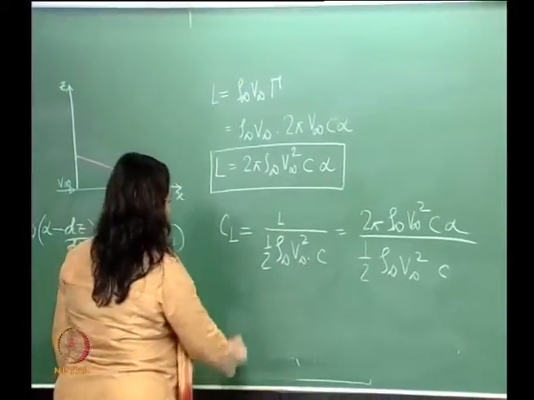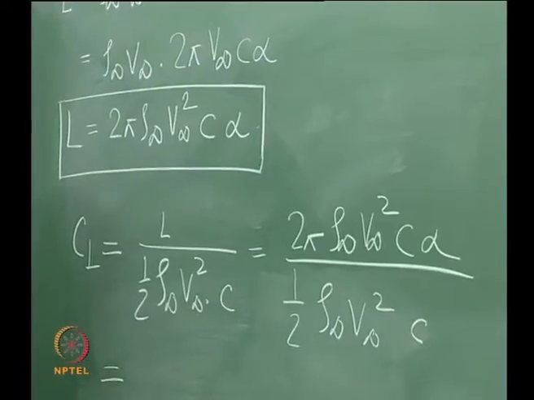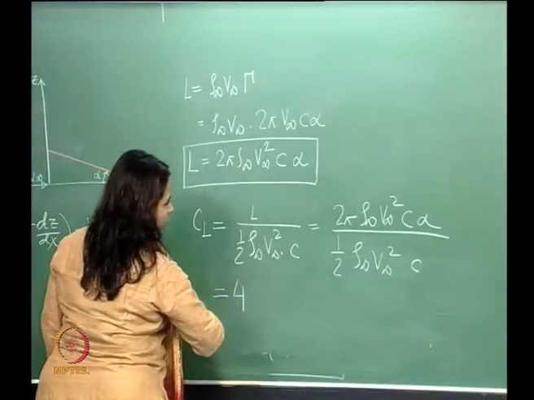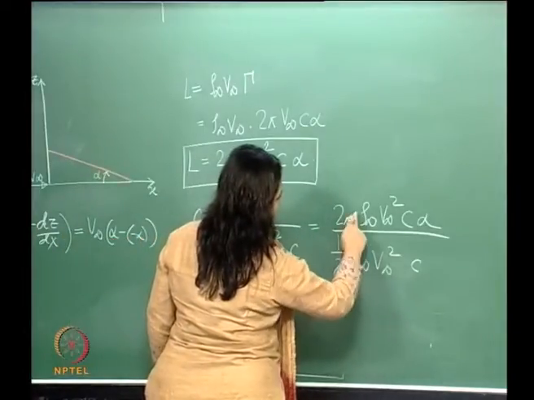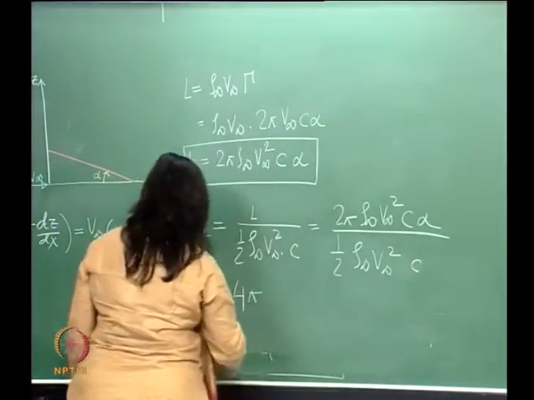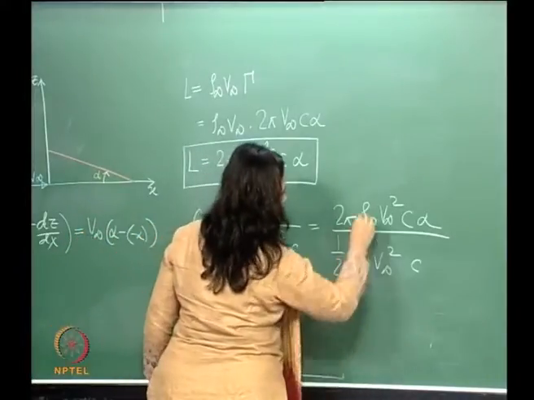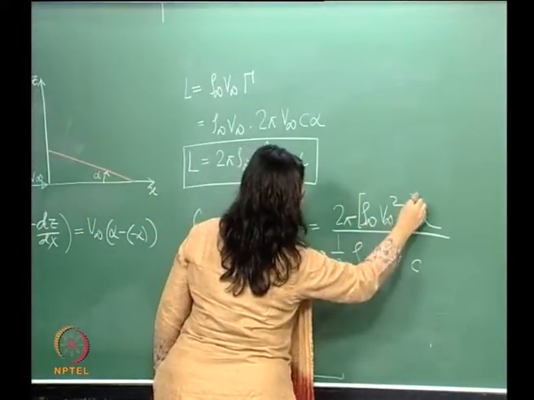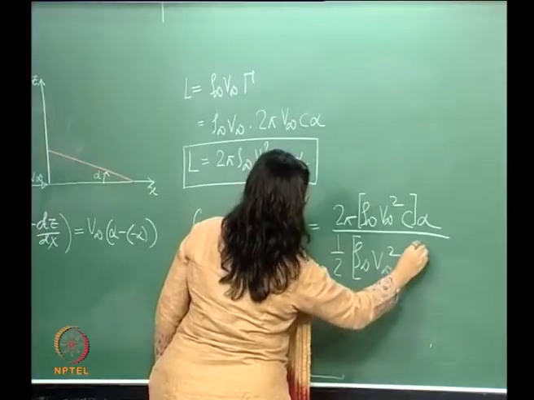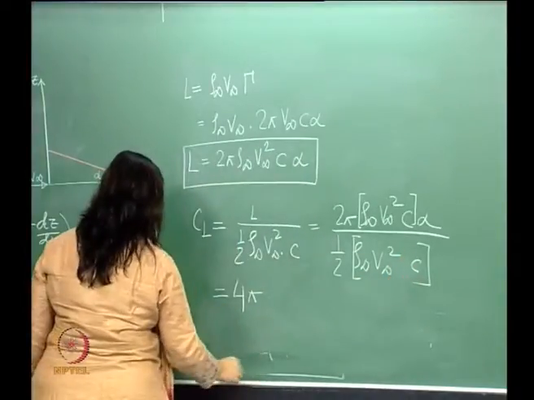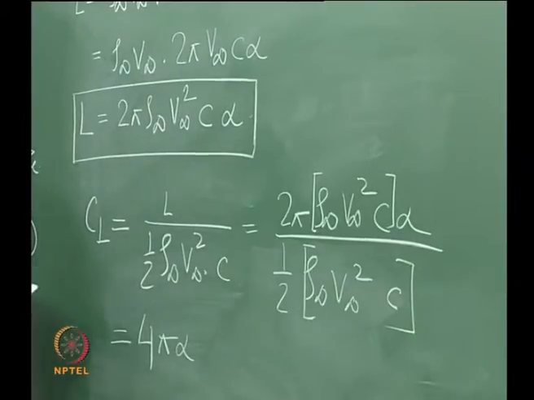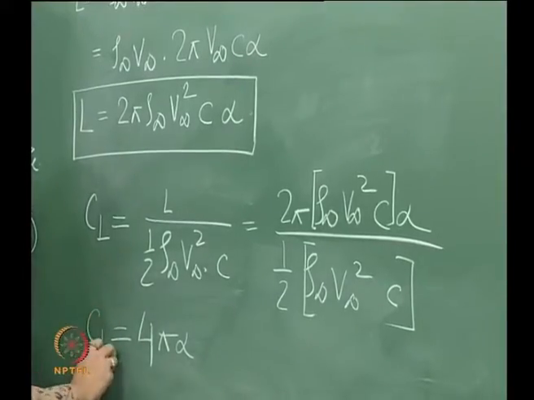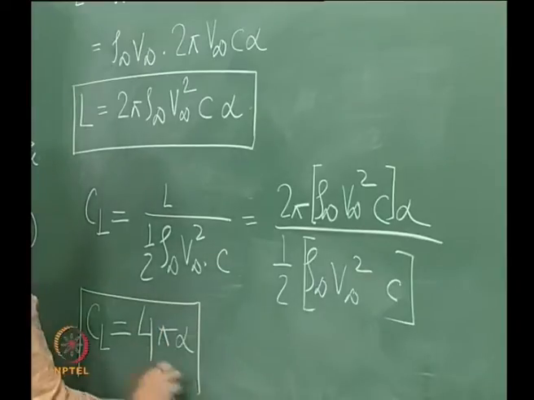What you can see from here is that these both cancel out. So, what we get is 4 pi alpha.